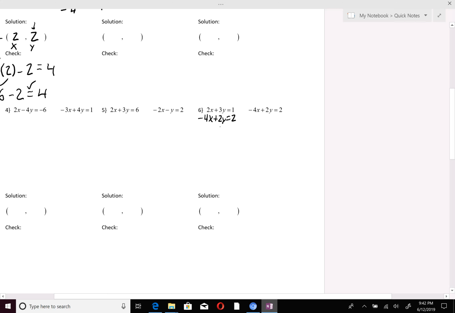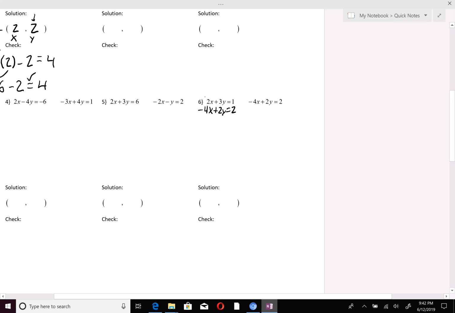And what we can do is by multiplying one of the two equations to get a situation that will allow us to cancel. So what we'll do is we'll multiply this top equation by 2, because I'm going to try to get my x's to cancel.